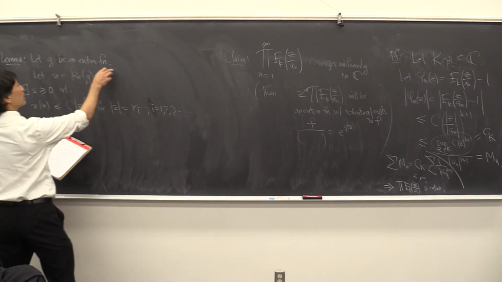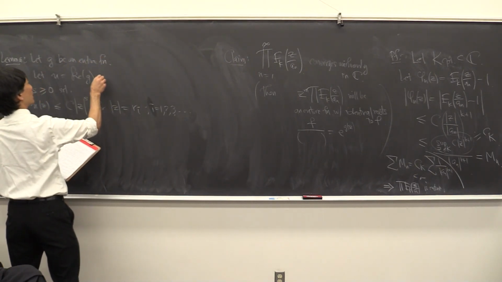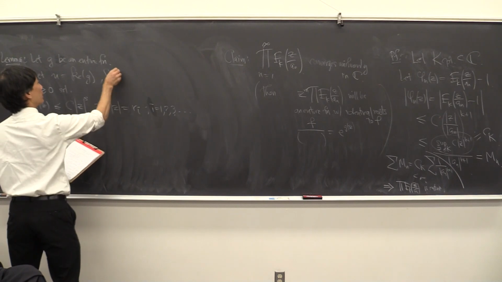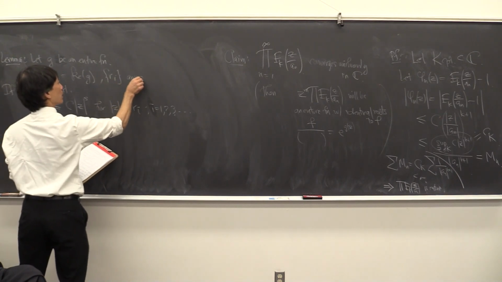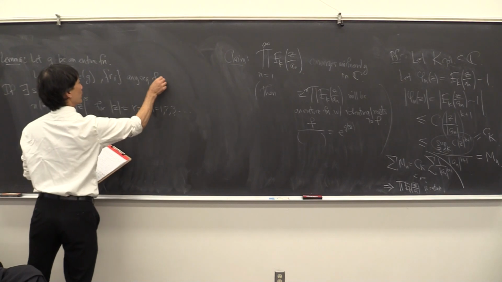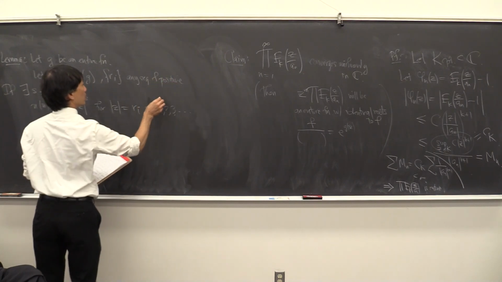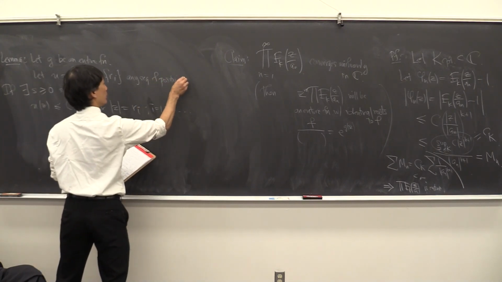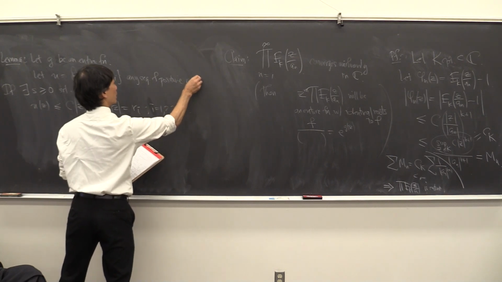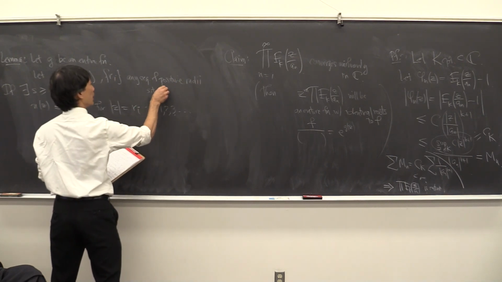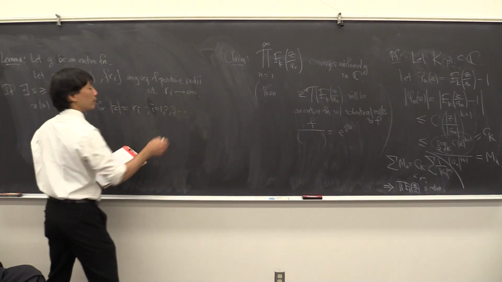So maybe I should explain what the R_i are. R_i is any sequence of positive numbers, positive radii, such that R_i go to infinity.